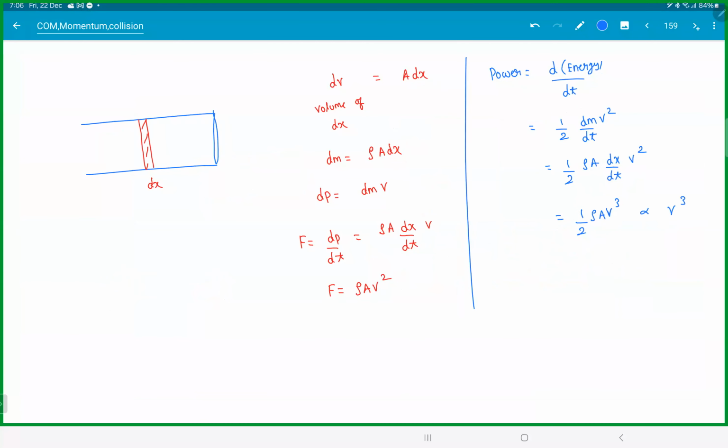Come on, everyone. I want power to be rho a v square. That will be a different question. This sum is not similar to the other sum.